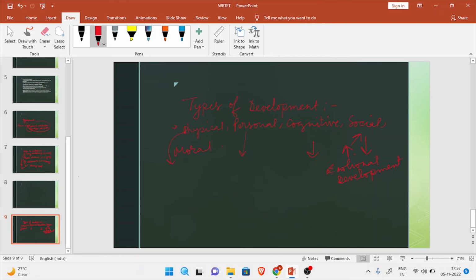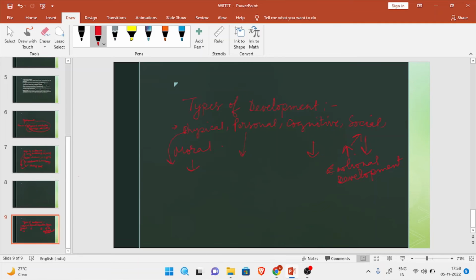Emotional development is very important for social development. And moral development is where we learn how to cope with difficulties, with hard things or conflicts in everyday life, and move ahead after resolving them. So this is moral development.